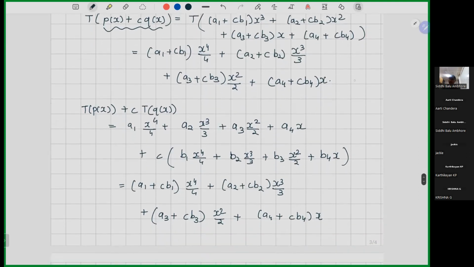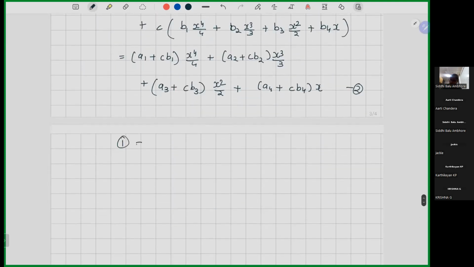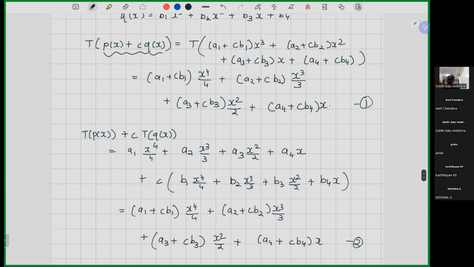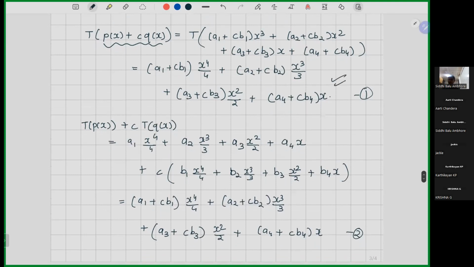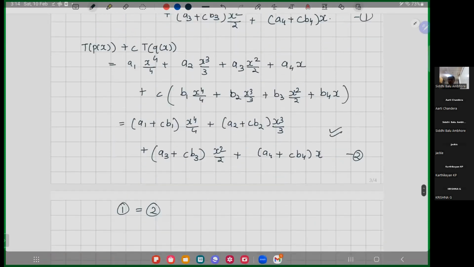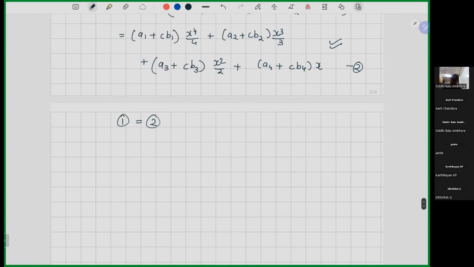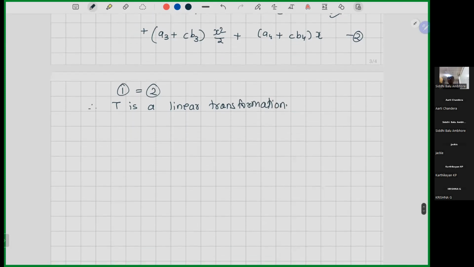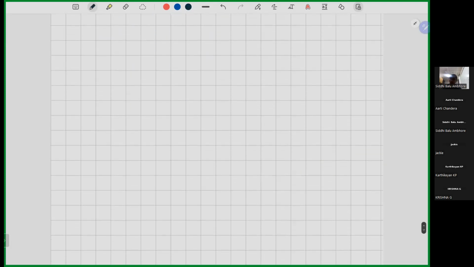If I call this 1 and this 2, then 1 is clearly equal to 2. These two terms are the same. Therefore T is a linear transformation. So far the two maps which we checked were linear transformations.